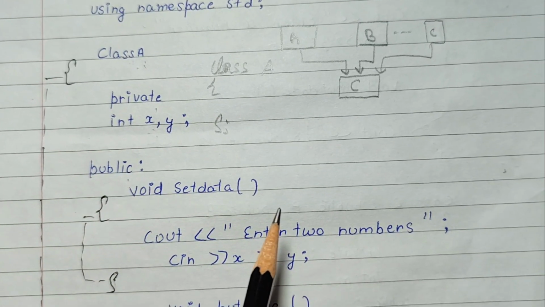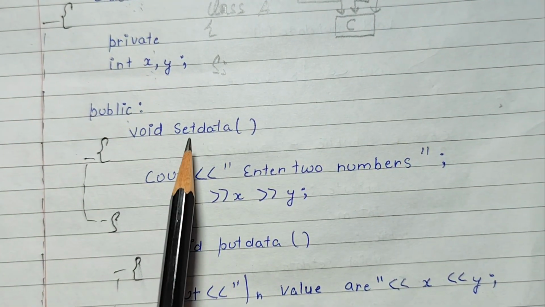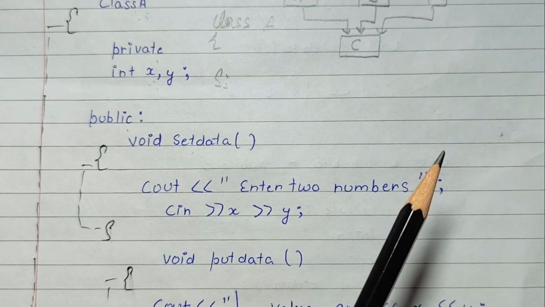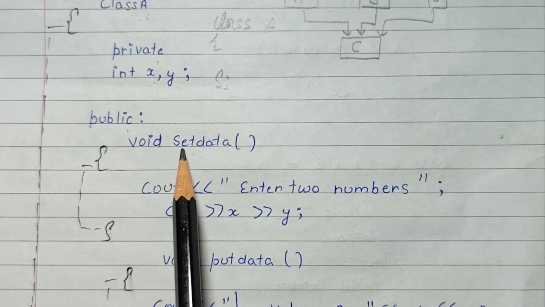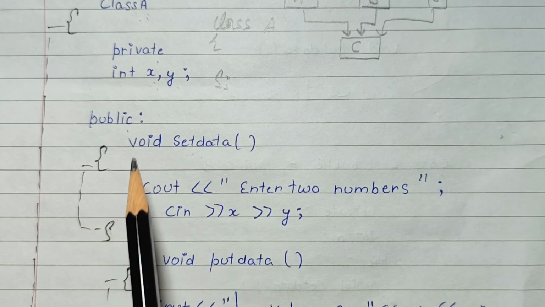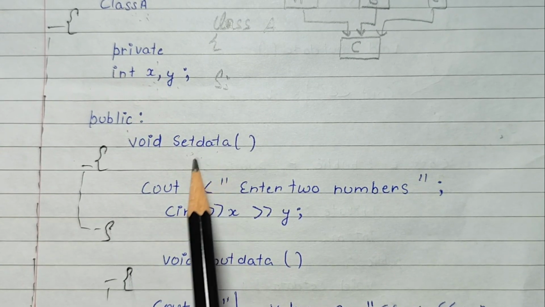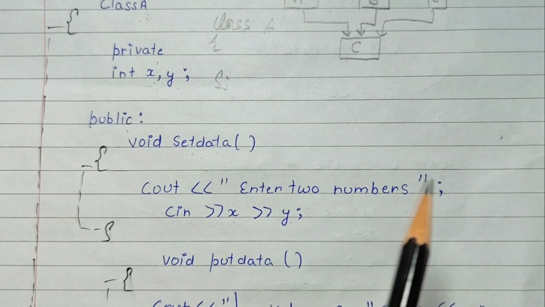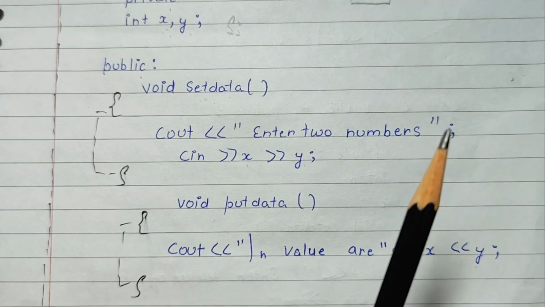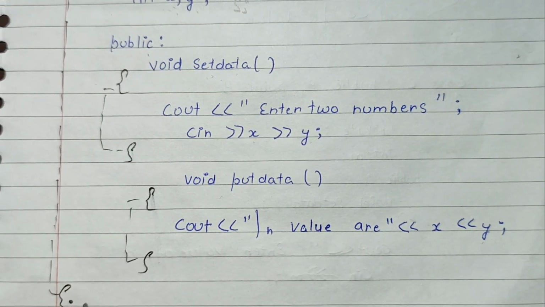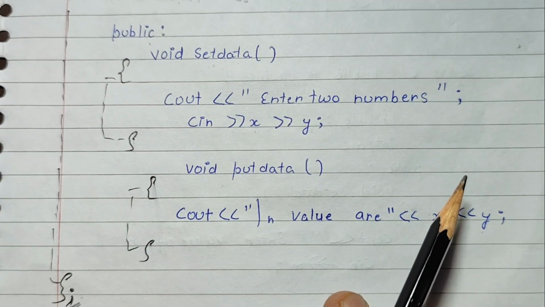In the public section I create two member functions: one is setdata, another one is putdata. The setdata member function is used for inputting the values in the X and Y variables, because these public member functions setdata and putdata are used to manipulate the private data members X and Y. Using the putdata member function I display the values of X and Y, and after this the class is terminated by a semicolon, because a class is always terminated by a semicolon.